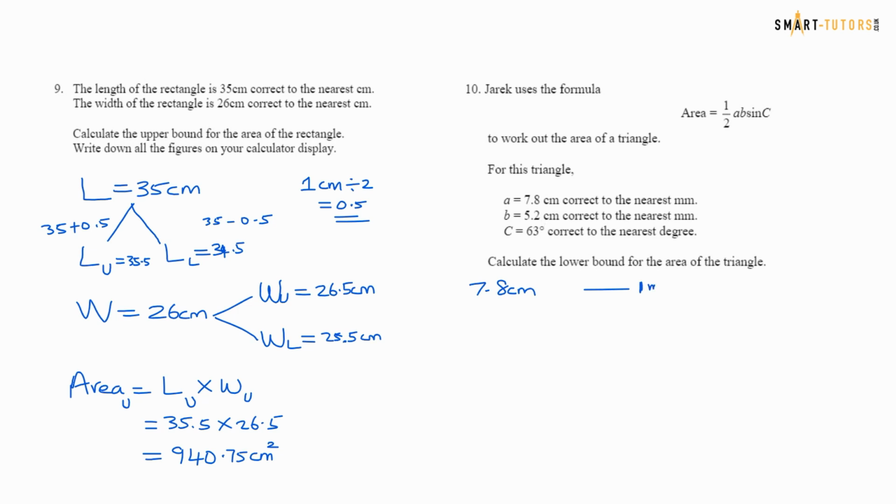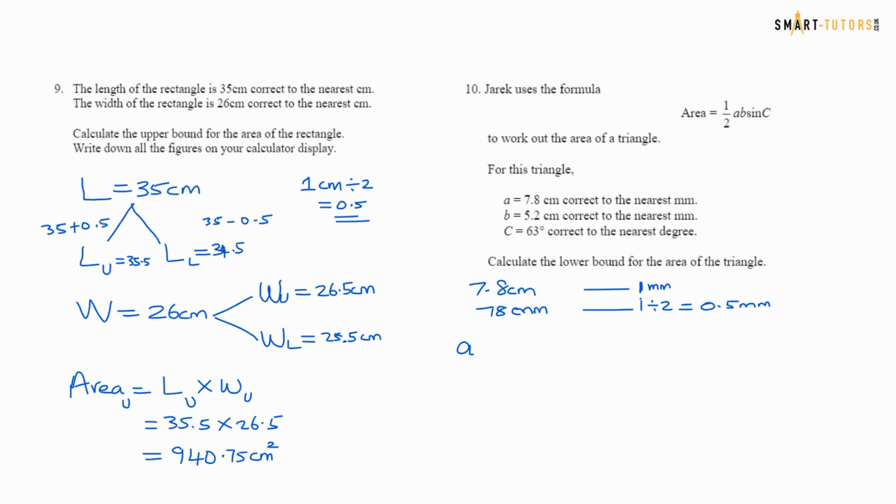Millimeter means 1 millimeter. So if you think carefully, 7.8 centimeter times 10 is 78 millimeter. Now this is also in millimeters, so 1 divided by 2 is 0.5 millimeter.